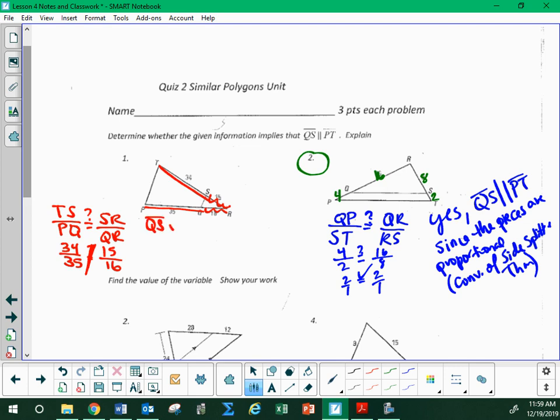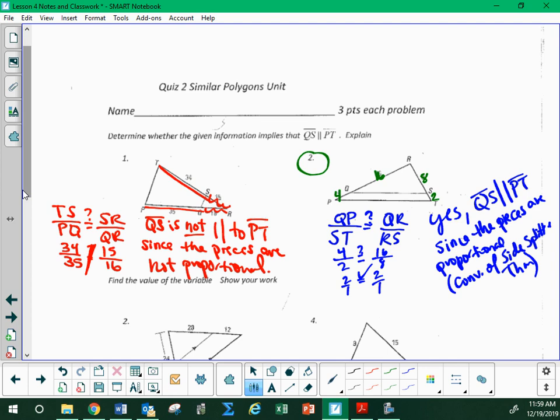QS is not parallel to PT, since the pieces are not proportional. So again, pieces proportional, lines parallel, and vice versa.